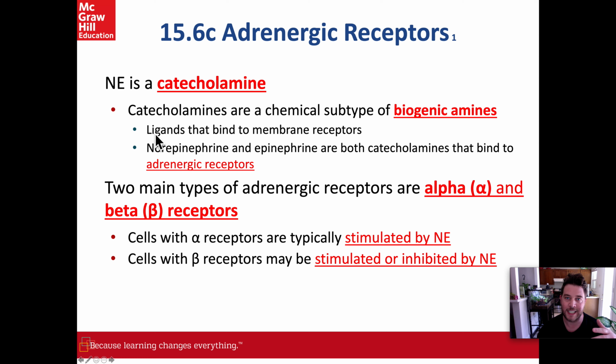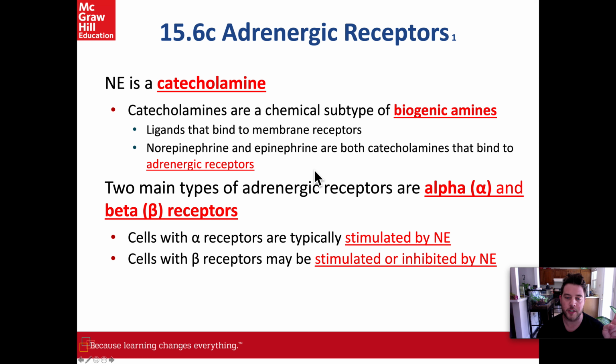So remember, there are ligands. Ligands are things that bind to receptors on different cells. Your norepinephrine and epinephrine bind to your adrenergic receptors. So norepinephrine and epinephrine are catecholamines, and catecholamines are biogenic amines.